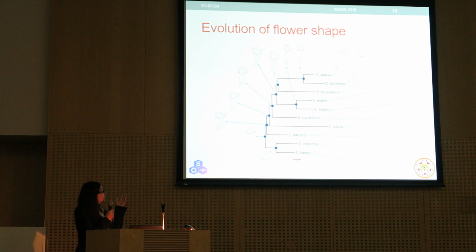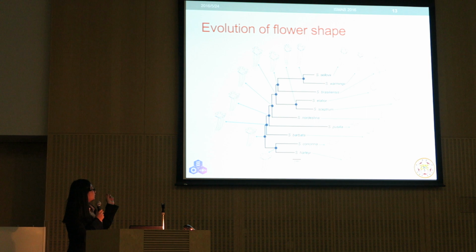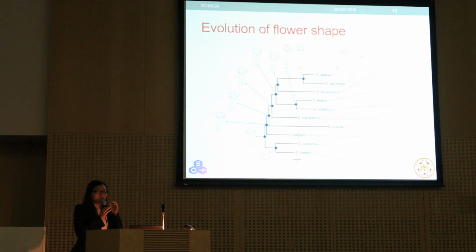We can look at this picture. There are 3 points on this picture. One is that there are 2 species that are close to the root, so their flower shapes are similar.